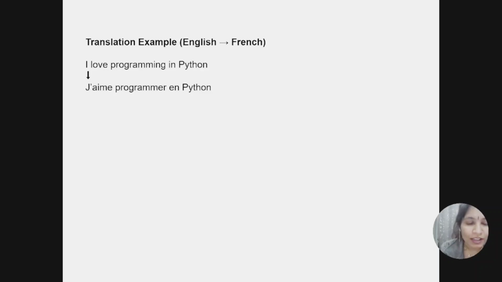And I'm going to translate this into J'aime programmer in Python. During the translation, the model learns that Python should remain the same.